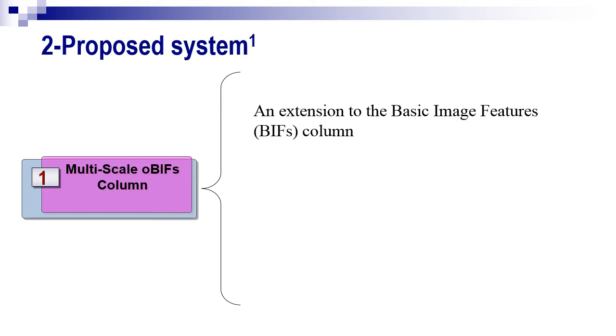In addition, we do the same process to eventually produce two versions of the multi-scale OBIF images. Then we combine the two versions of the multi-scale OBIF images to provide the multi-scale OBIF columns at each location.